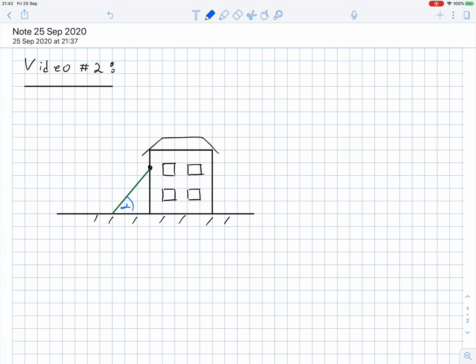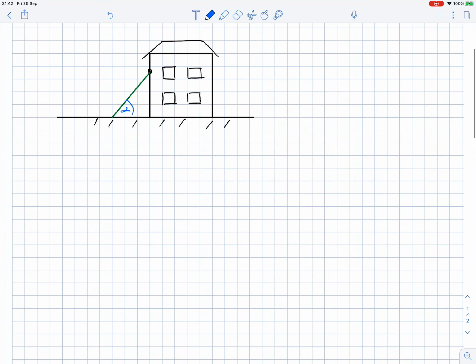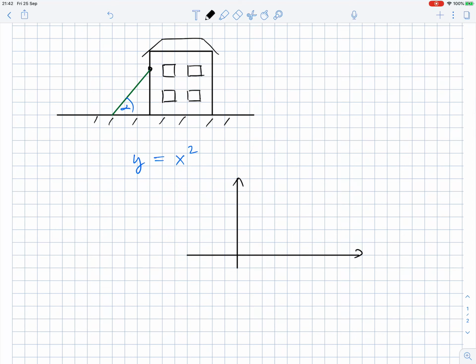Now I can also draw a picture of a non-constant slope. For example, if I write this equation, y equals x to the power of 2, this function will look something like this.